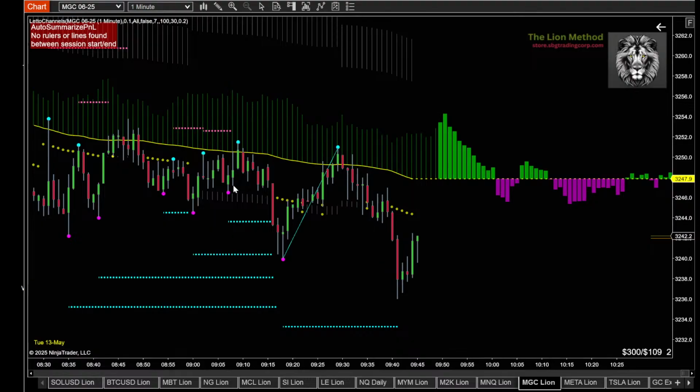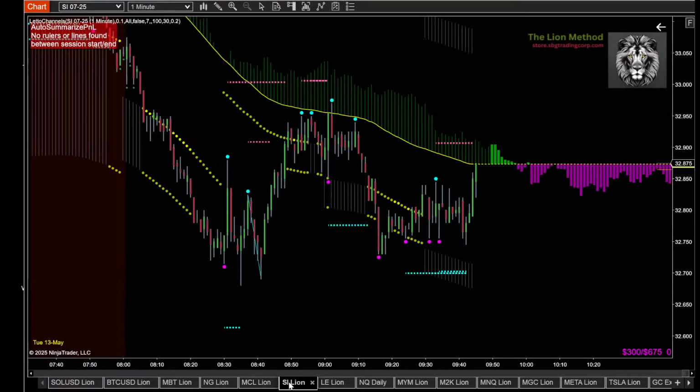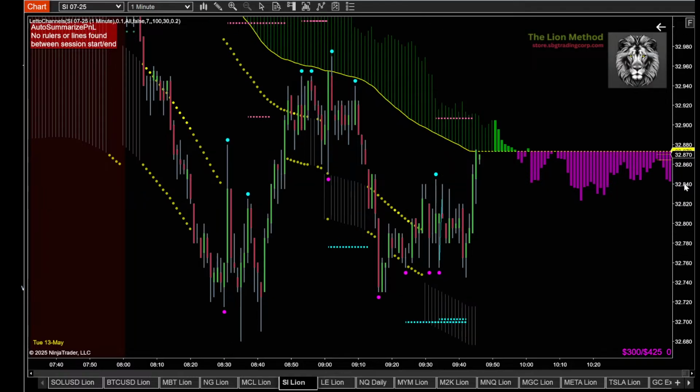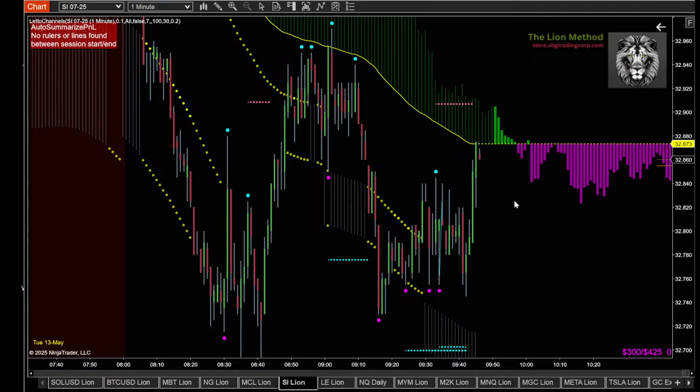Gold is oversold. These yellow dots show it's oversold, but we don't really have a buy signal. A buy would be up here, but it's much too high. I'm going to sit on the sidelines for gold. This is technically a buy level in silver, but we're already at the 100.